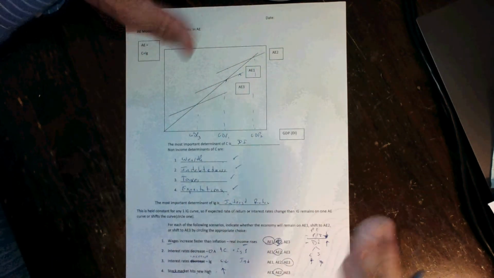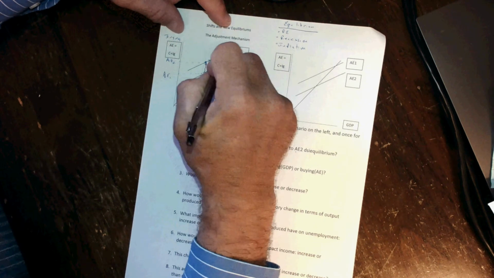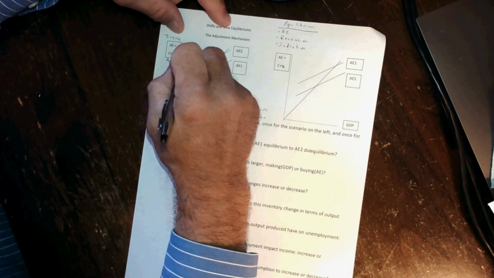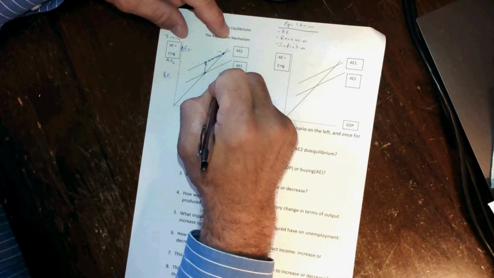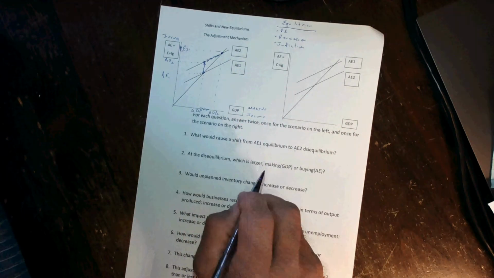One whacks us out of equilibrium, and then we have a change in income, which brings us along one line back to equilibrium. At this point, buying is equal to making, and there would be no need for businesses to change production, either higher or lower, and income would remain the same, and we would have an equilibrium.